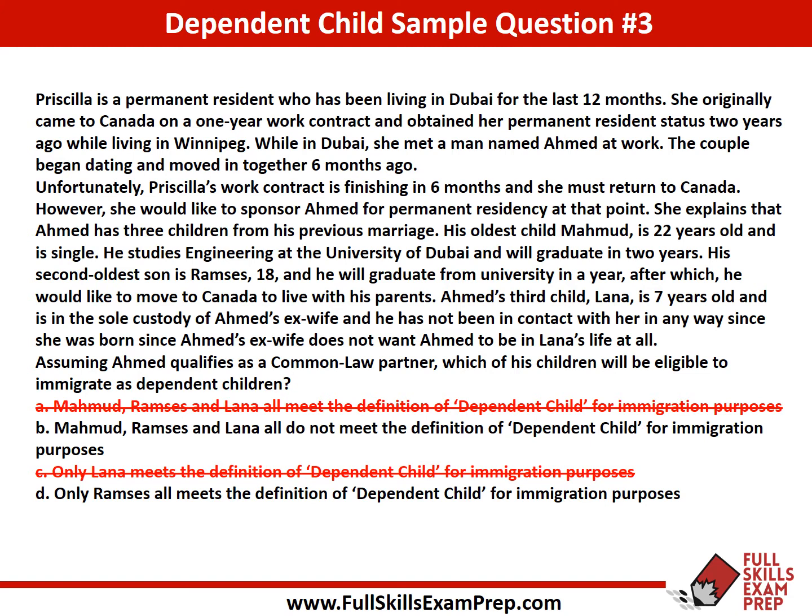So now we're left with two potential answers, and let's explore the difference between B and D. B essentially says that everybody doesn't meet the definition of a dependent child to immigrate, and D says that only Ramses meets the definition. So let's take a look at Mahmoud next to help us solidify whether or not B is incorrect or correct.